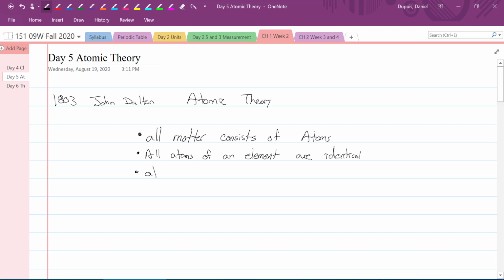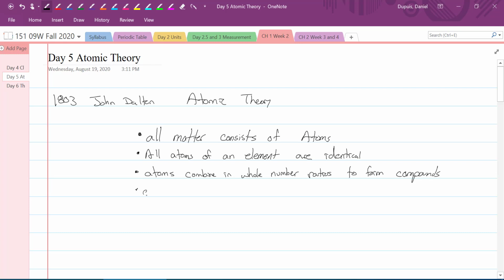He said atoms combine in whole number ratios to form compounds. All right.